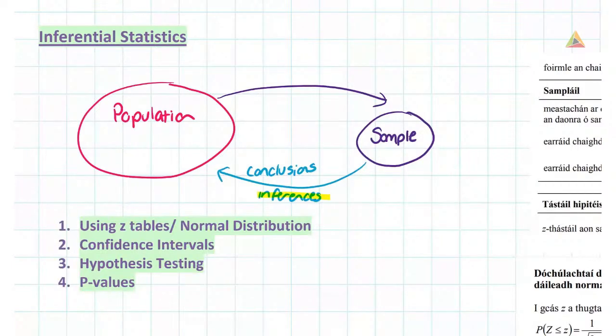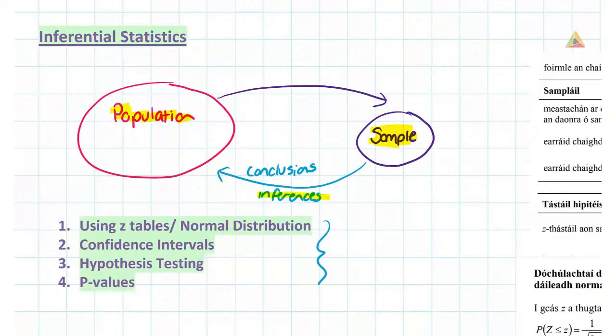We use the data from the sample to make conclusions about the population. Sometimes those conclusions are right, sometimes they're wrong, and often we have to test those conclusions or those hypotheses as well.